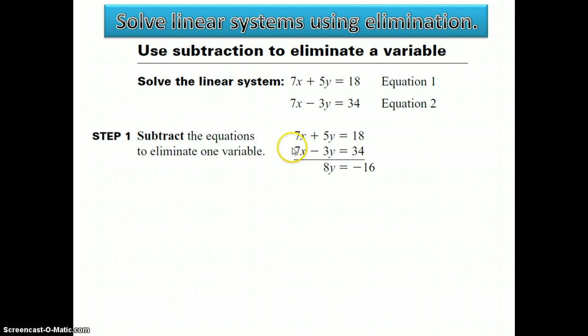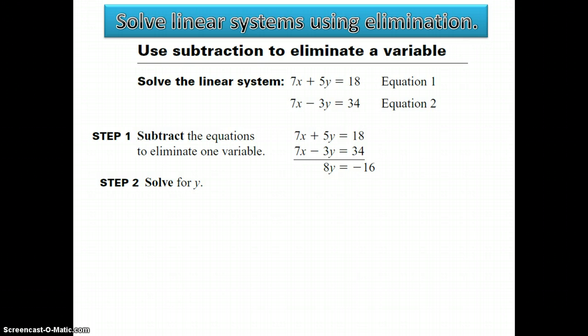If we subtract, be sure to see that we're subtracting every term. So I'm subtracting a negative 3y, which gives me a positive 8y. And I'm subtracting 34, which gives me negative 16. So be very careful when you're subtracting.